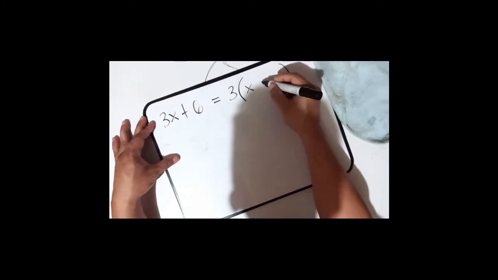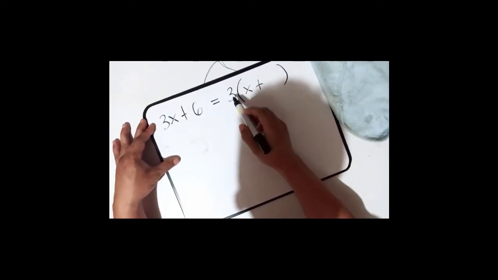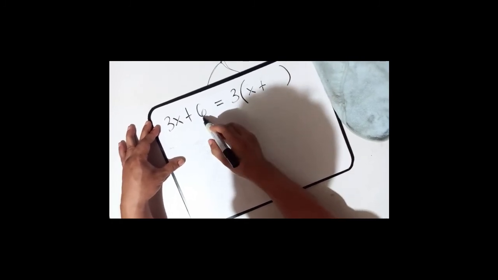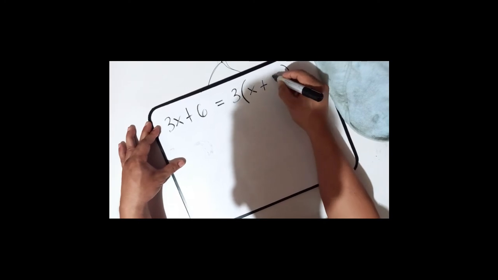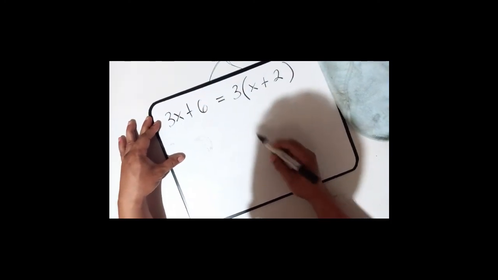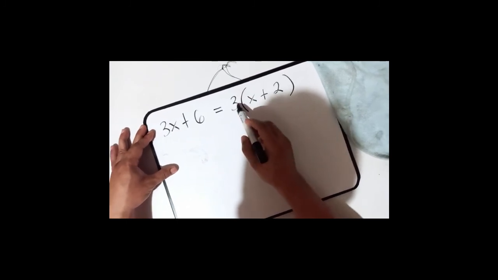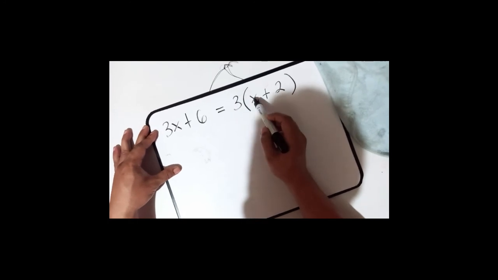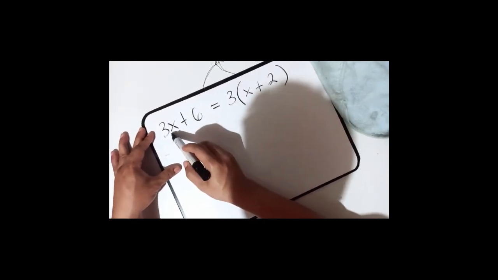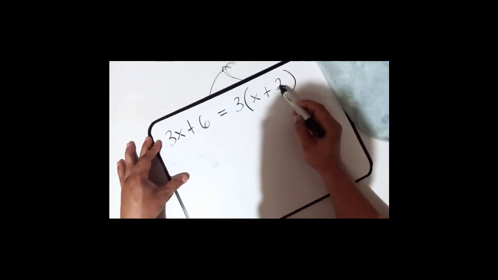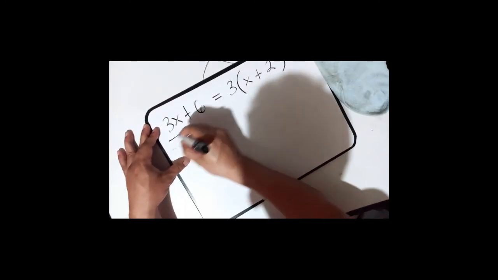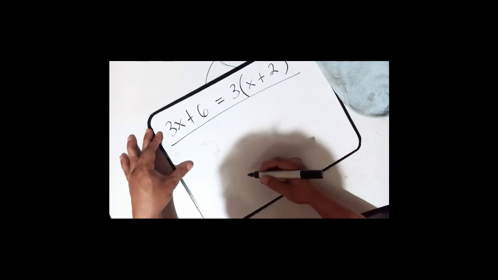Then we have a plus sign here, and then what number should we multiply to 3 so that we will get 6? Obviously that is 2. So this is now the factor: 3 times x plus 2. If you distribute the 3 to the terms inside the parenthesis, 3 times x gives us 3x, and 3 times 2 gives us 6. So there you go. That is now our first example.